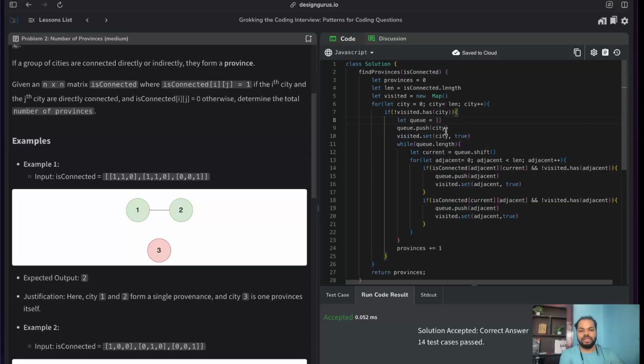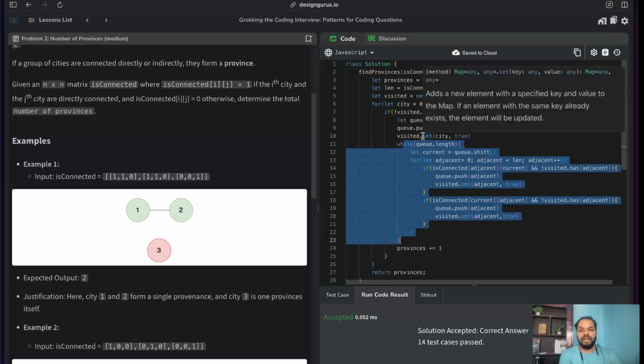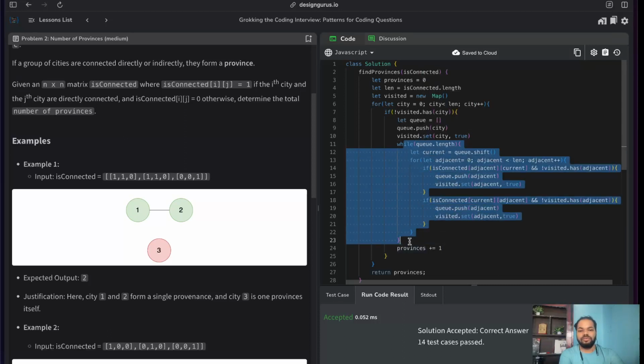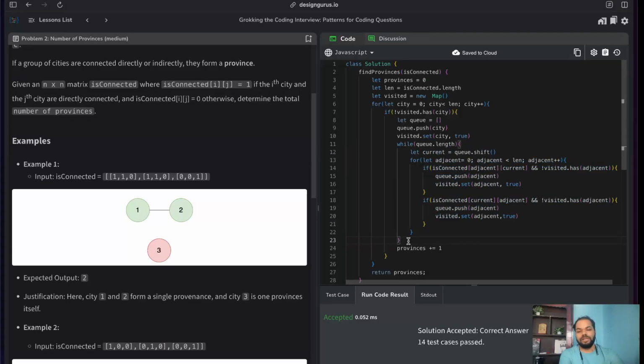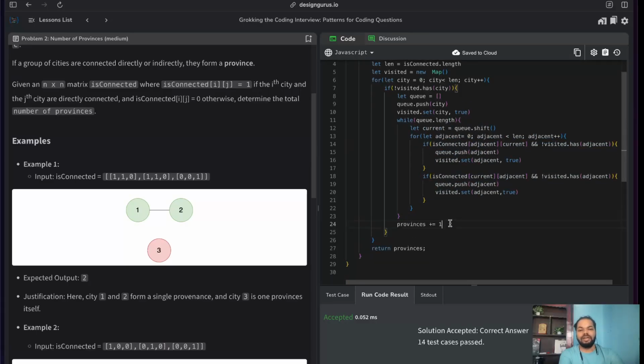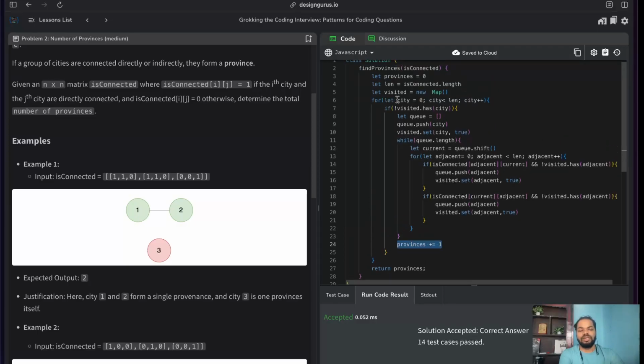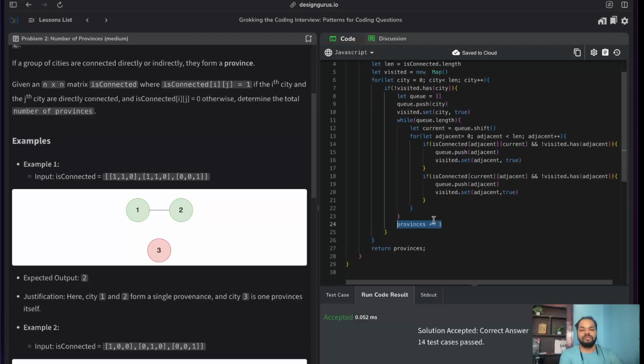This time we are using a queue, pushing the city, marking it as visited, and then doing the breadth first search. After completing it, we have visited all the cities on this particular island, and we say the province count is now one. We found one province, and then we go through the for loop. If a city is not visited, we again do the breadth first search. Okay, and we submitted it already.